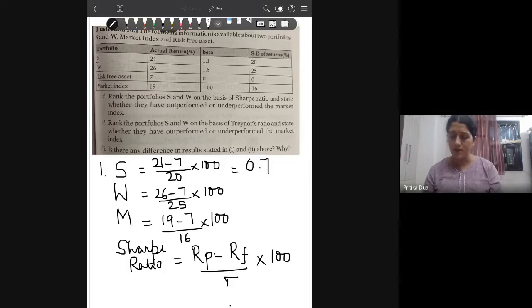Okay, please make a correction. We are not multiplying the value by 100.